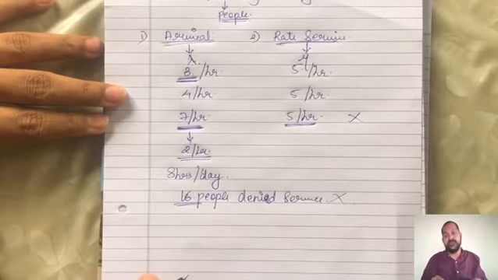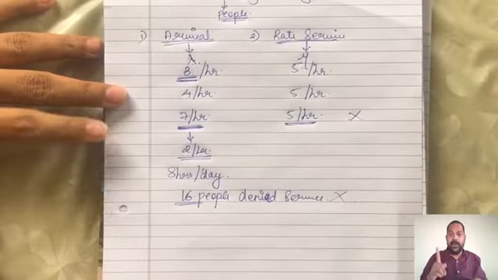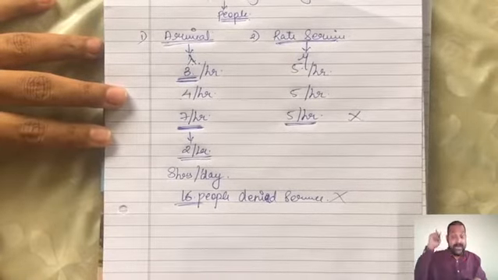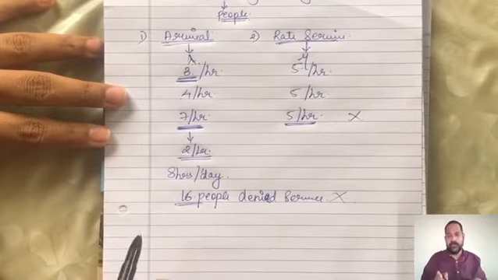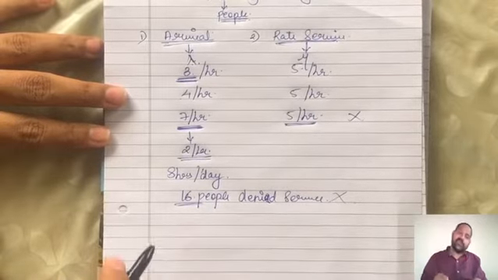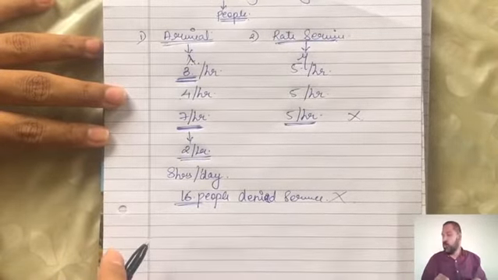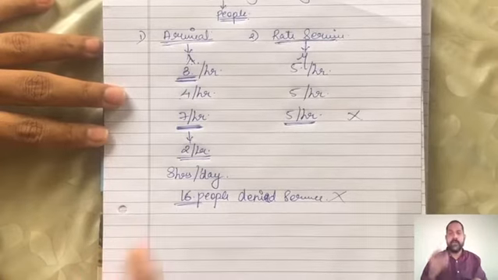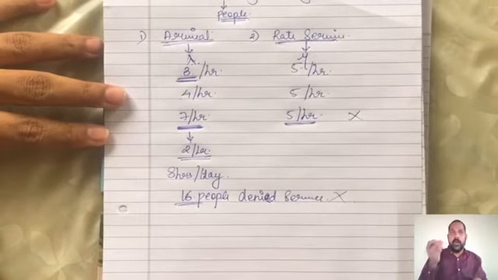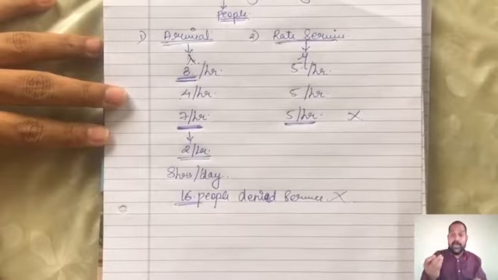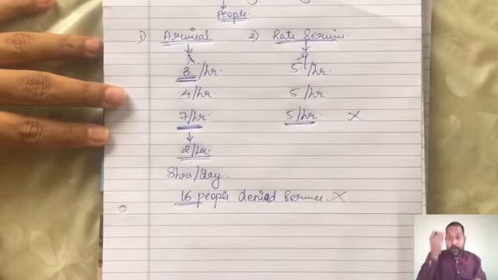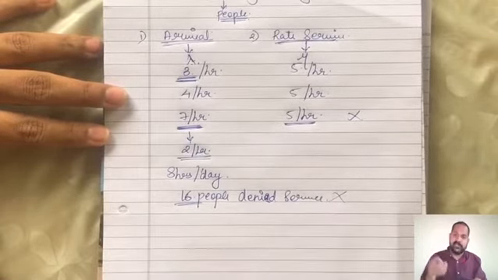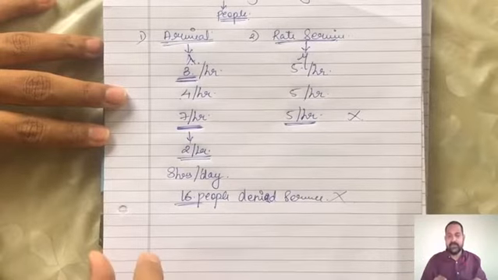Because if your service rate is less than 3, people will end up getting denied service. And if that happens, then your service system is not functioning well, or it is not fulfilling the basic need of a system, and that is providing service.